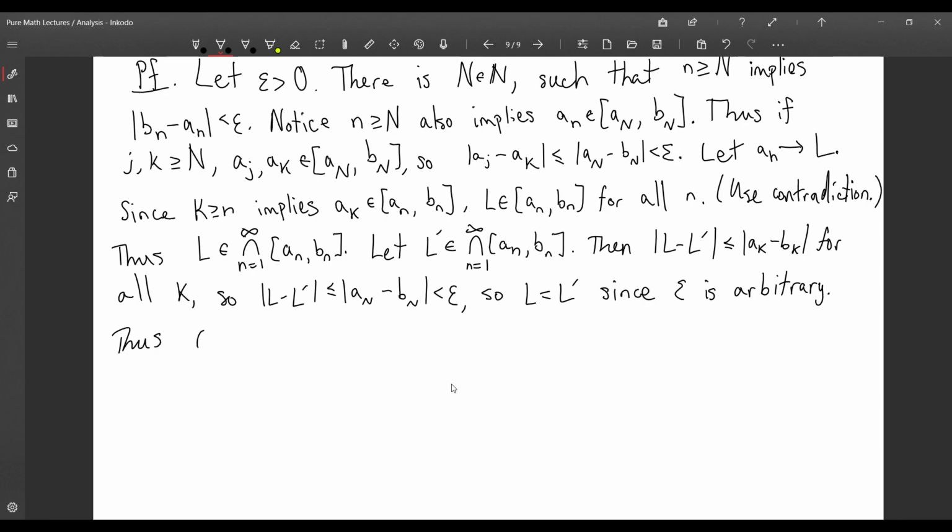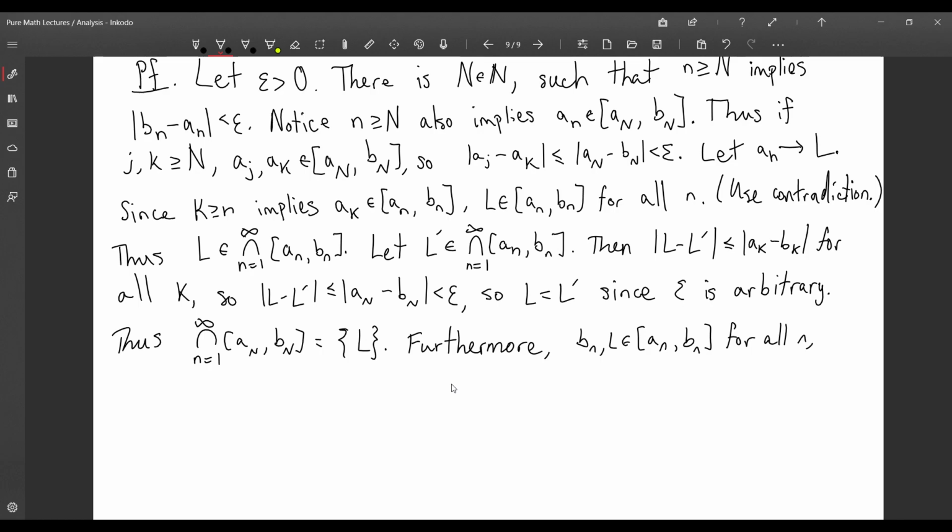Thus, the intersection of these intervals is in fact equal to the set containing L. And so the last thing we have to do is show that the b sub n converge to L. b sub n and L are contained in a sub n and b sub n for all n.